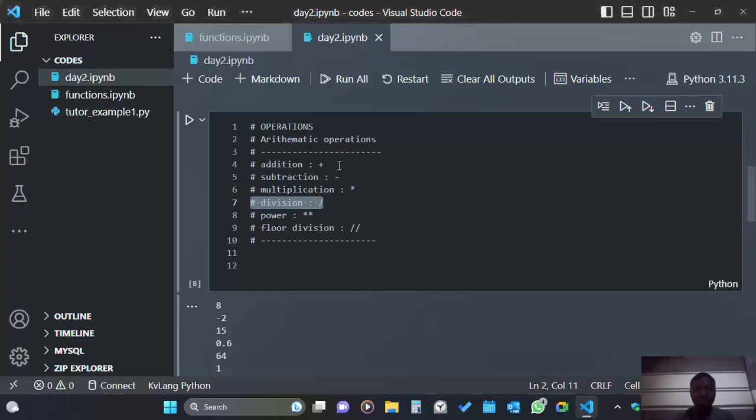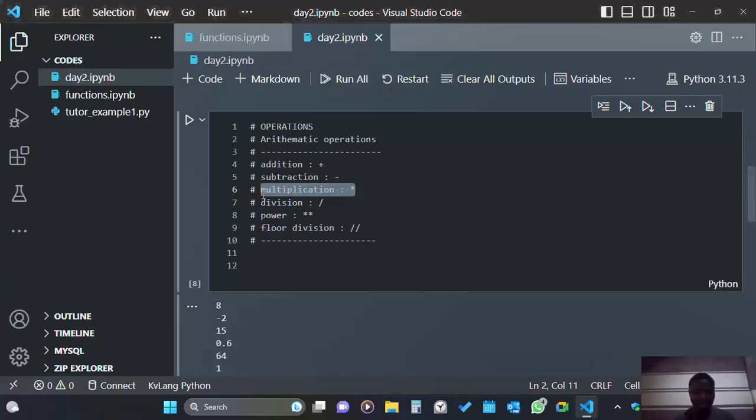For addition, you use the addition sign on your keyboard. For subtraction, we use the hyphen on the keyboard. There's nothing like a subtraction sign, so you use the hyphen. For multiplication, we use an asterisk.